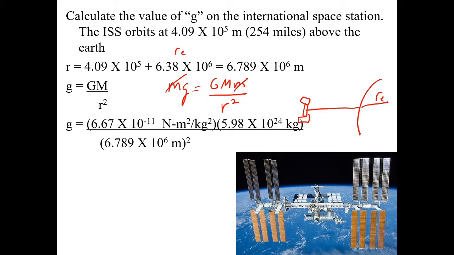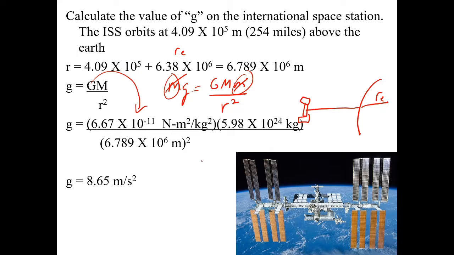G is the gravitational constant, big G. M is the mass of the Earth. We didn't worry about the mass of the satellite. It canceled. And then we divide by the total distance, and we're going to get a surprising number, 8.65.